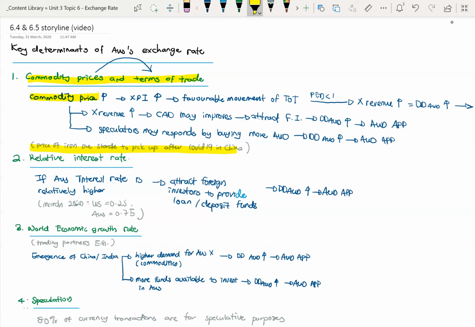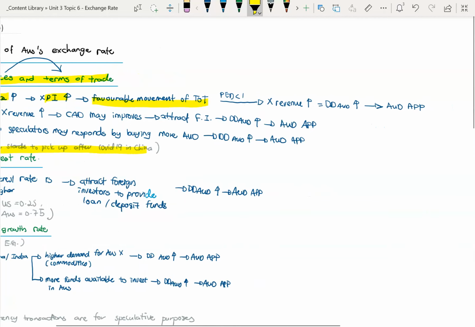Many Chinese factories have started operating at a faster rate, so their production is even faster now. As commodity price rises, export price index should increase. If export price index increases, TOT movement would be favorable.